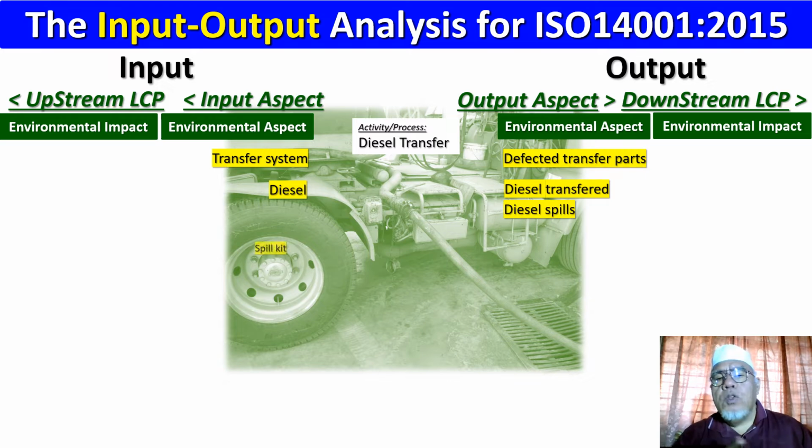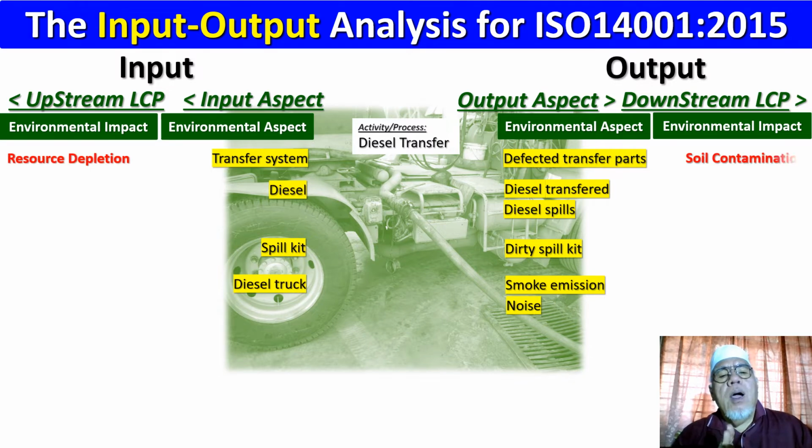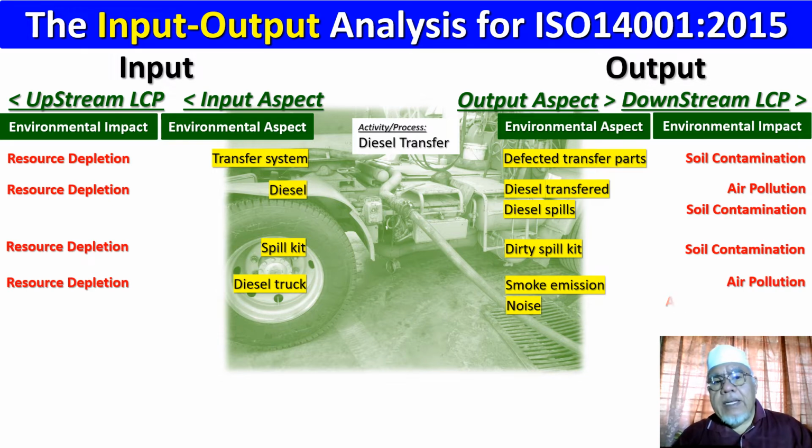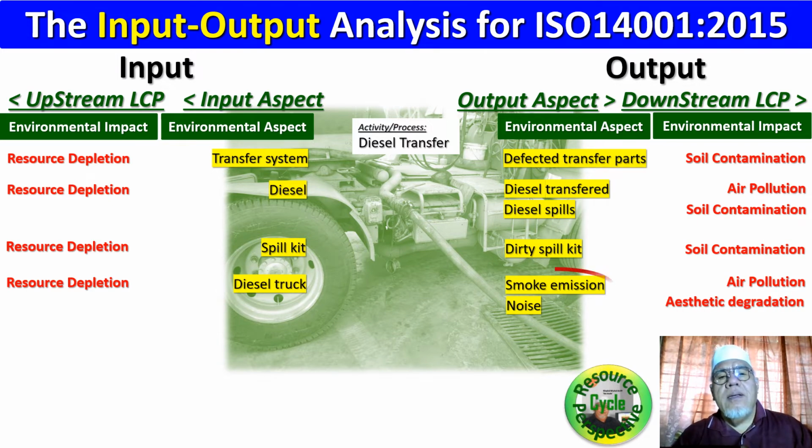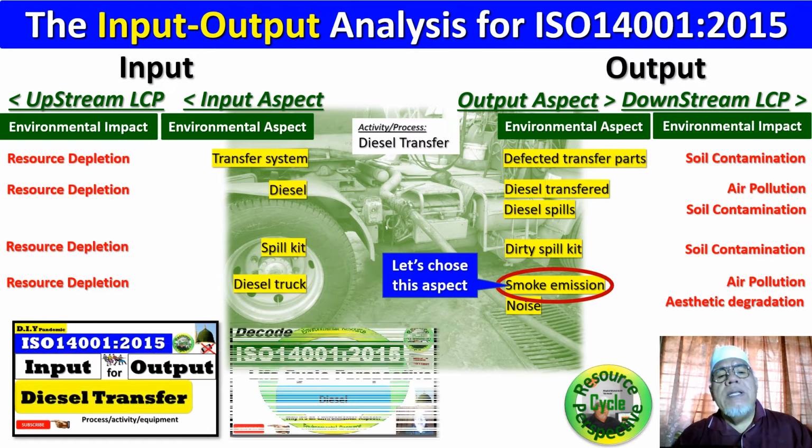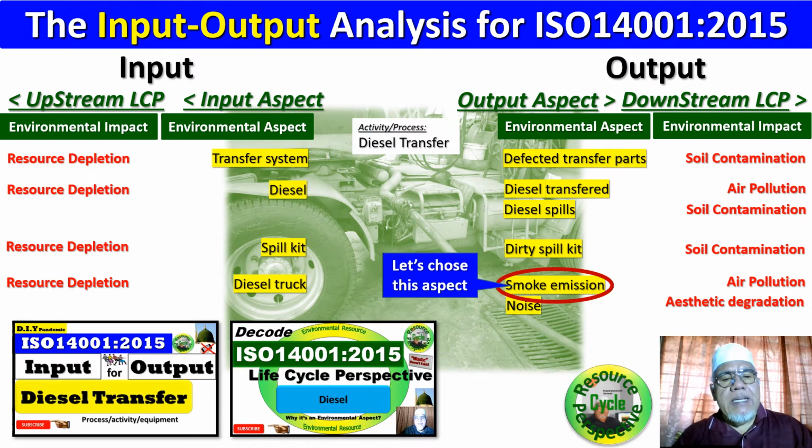You are welcome to browse all those earlier videos whereby we explain why these environmental aspects, those highlighted in yellow, are environmental aspects, and how we determine their respective environmental impacts. Please check it out. And we also identify the respective environmental impact by looking at its life cycle perspective. There is already a video published for you.